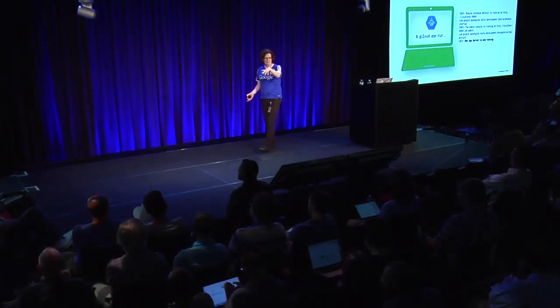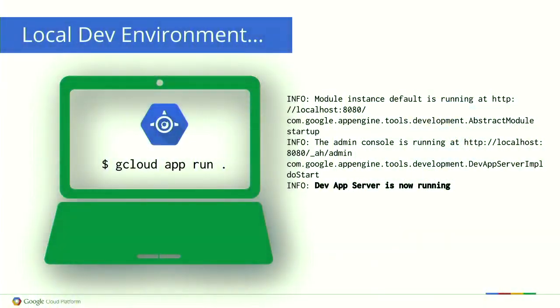When you shut the environment down and start it again, it'll have the same data stored in the datastore. So you can test iteratively your entire application. And once you're done, you can deploy to production using the same command. In this case, it would just be gcloud app deploy with a dot, which is the current directory. And there's some example output as well from the console, showing us that dev app server, which is what we call it internally, is now running.